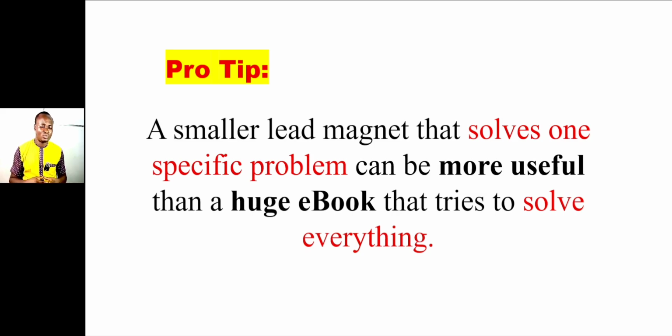That is where you will be able to put them in a basket and say, okay, these are people interested in this area, right? But when you have a book that wants to solve every problem, even your list will be confused. So it's very important that while giving out lead magnets, let it be small but solve a specific problem, right?